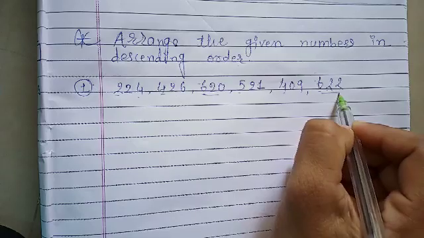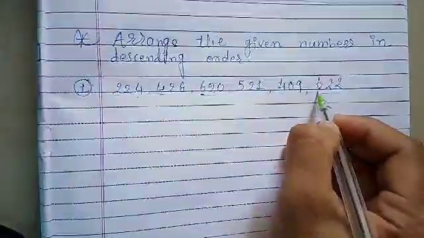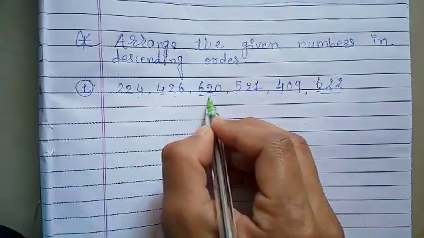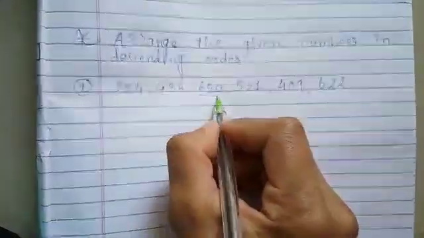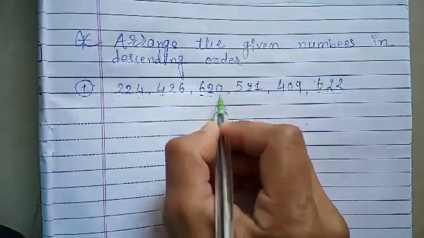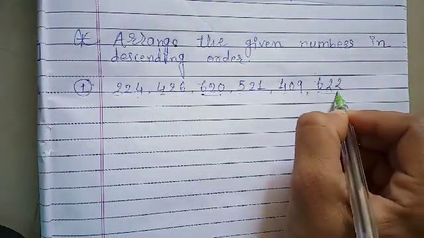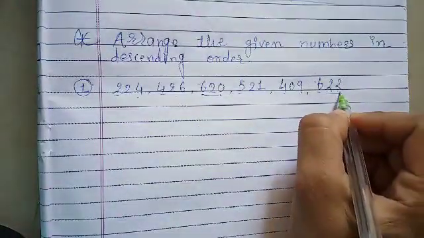Both are the bigger numbers. Now see the 100 place, both are 6. Now see the tens place, here is a 2, here is also 2. So now compare the unit place value. Here is a 0 and here is a 2. So we know very well that 0 is smaller and 2 is bigger.